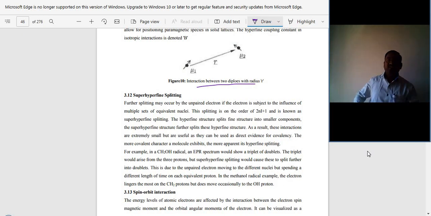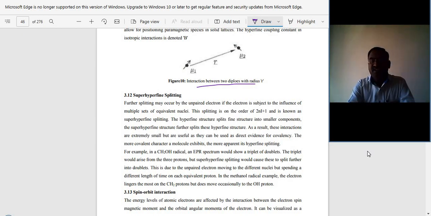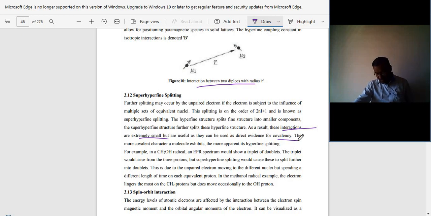The hyperfine structures split fine structures into smaller components, and the super hyperfine structure further splits these hyperfine structures. As a result, these interactions are extremely small but are useful as they can be used as direct evidence for covalency.